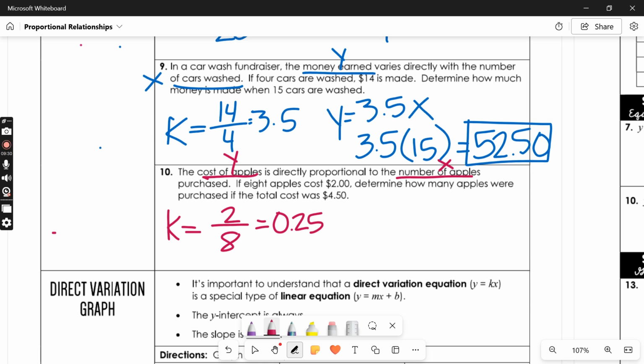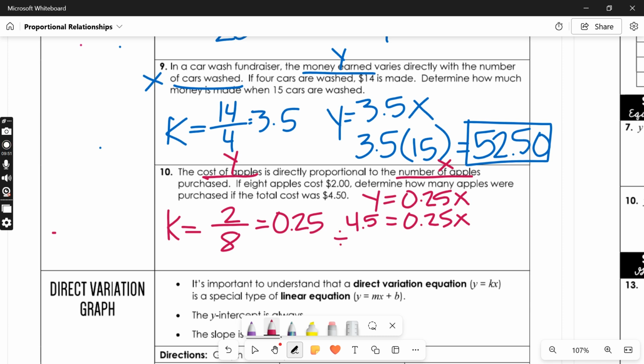Determine how many apples were purchased for the total cost to be $4.50. Well, my equation is y equals 0.25x. This $4.50 is a cost, which means it's a y value. So I have 4.50 is equal to 0.25x.